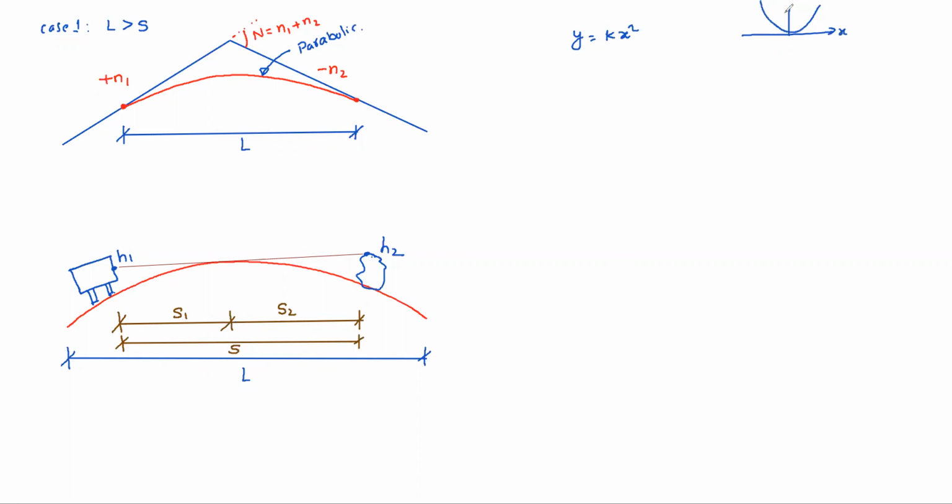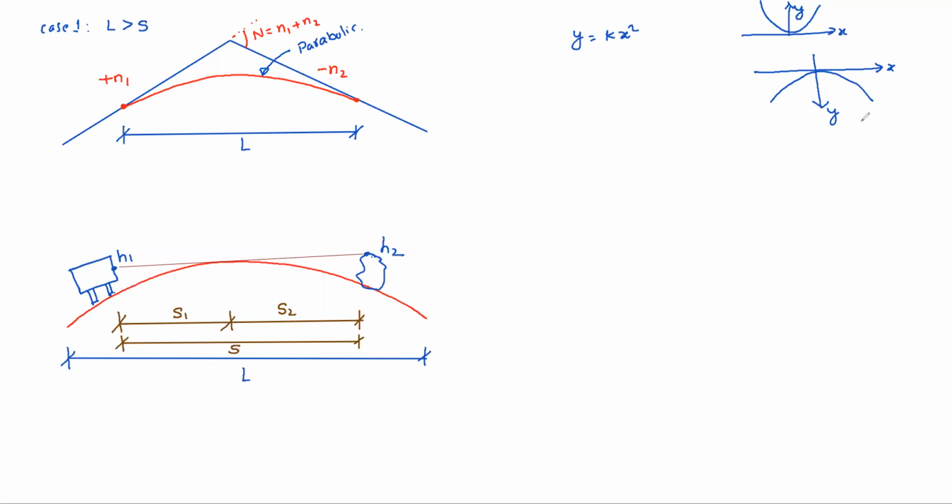This is x-axis, this is y-axis. Then this equation is y equal to kx square, right? Now we are taking reverse manner. That means this is x direction, down y. Then it is now also y equal to kx square, right?